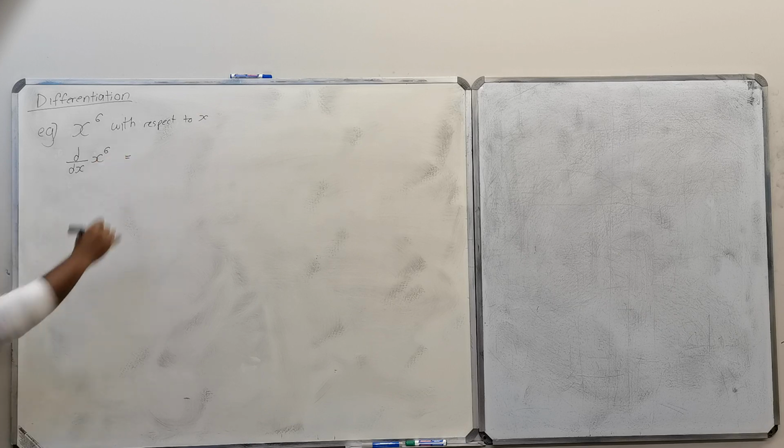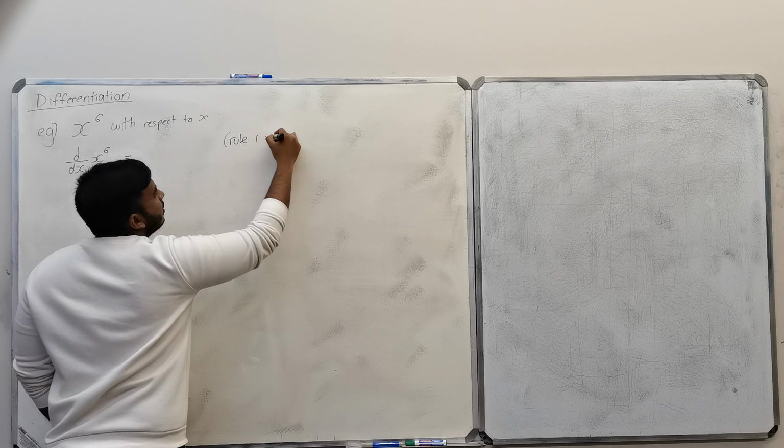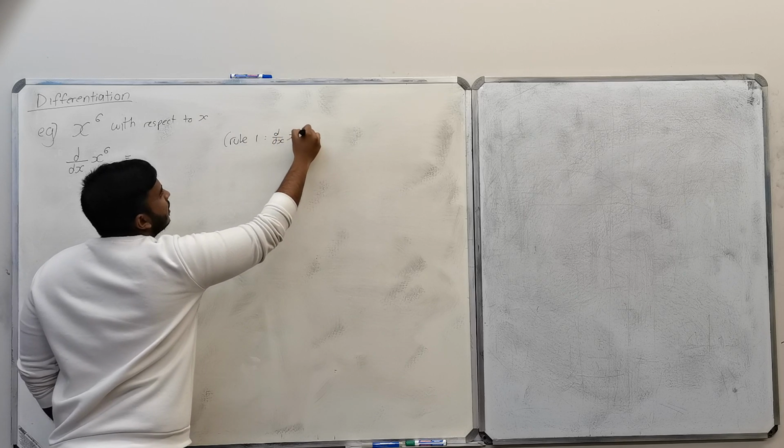Looking at this and going to your rules, which one of the rules would you use here? The first one. What is the first rule? d over dx x to the power n is equal to n x to the power n minus 1.